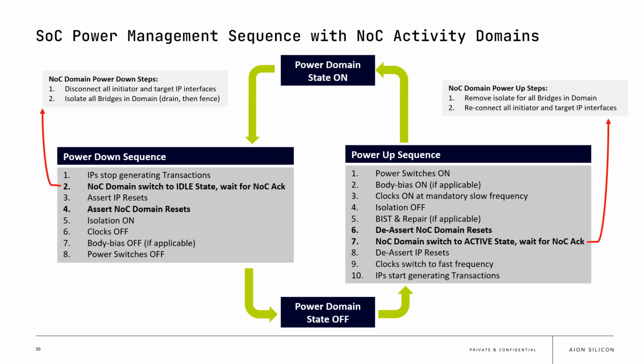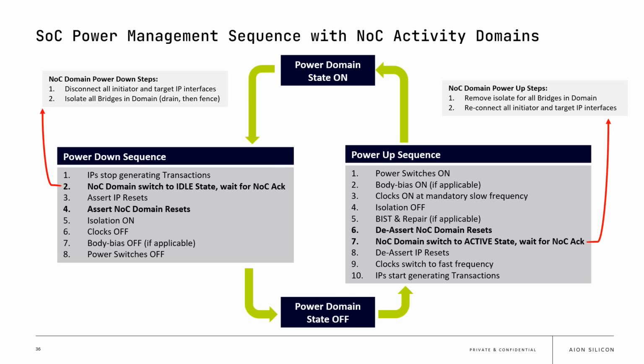And then secondly, step 2 is a process whereby you want to drain the NoC of any current pending transactions. So drain the NoC and then fence the NoC from receiving any transactions. And that ensures your NoC domain is clean and can be taken into reset, which is step 4.